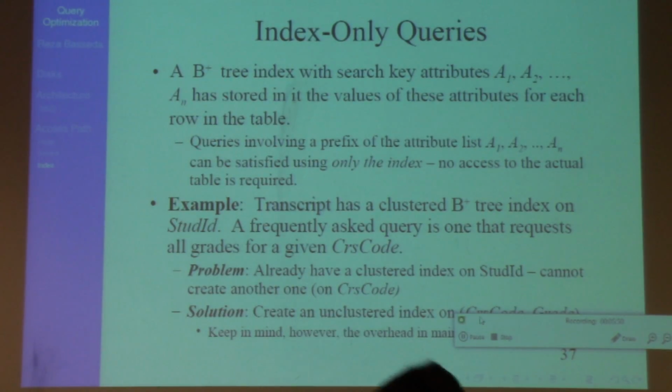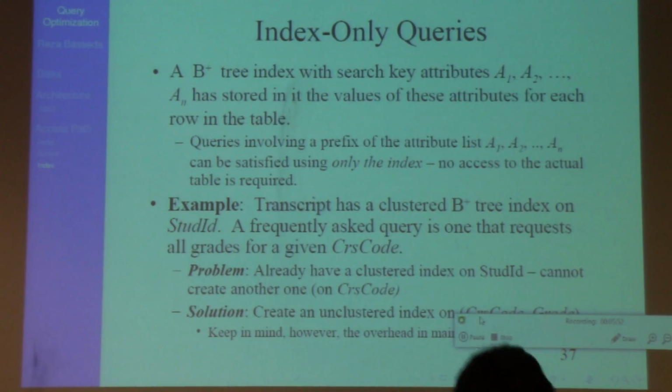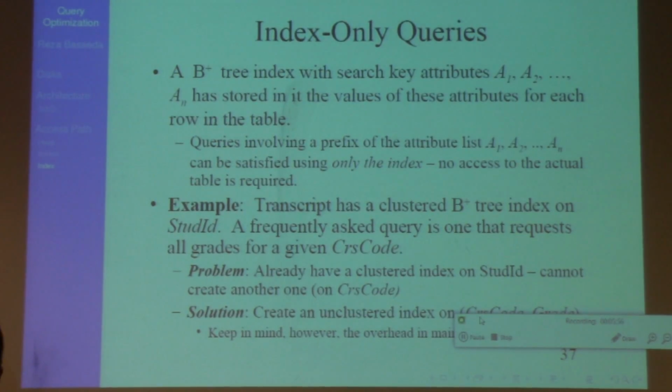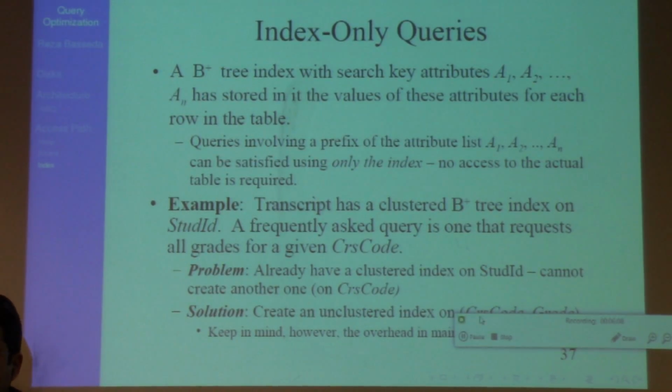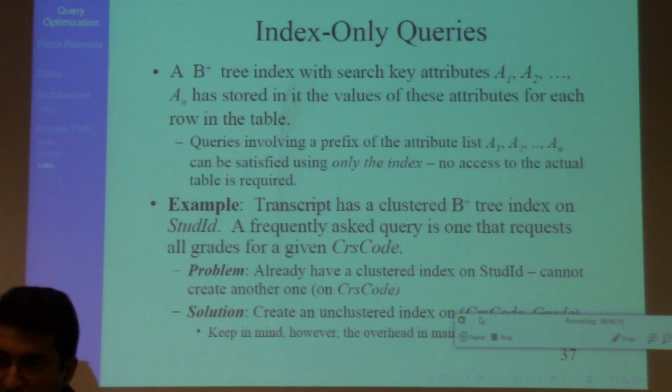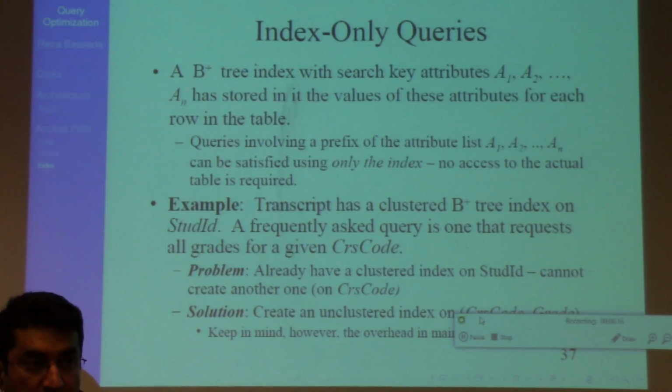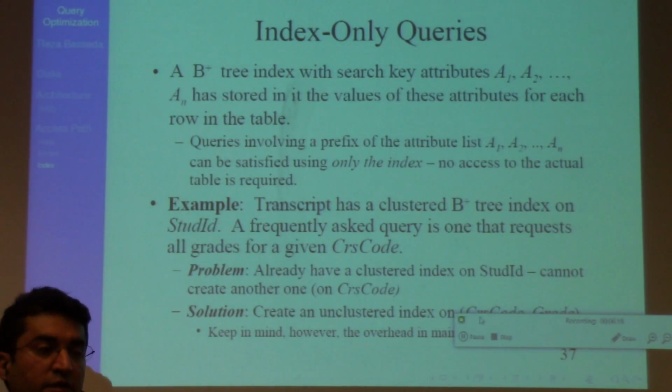The students table has a clustered index on the student ID. But since we see that a lot of times we are using name as the key of the search, then we index on the name also.